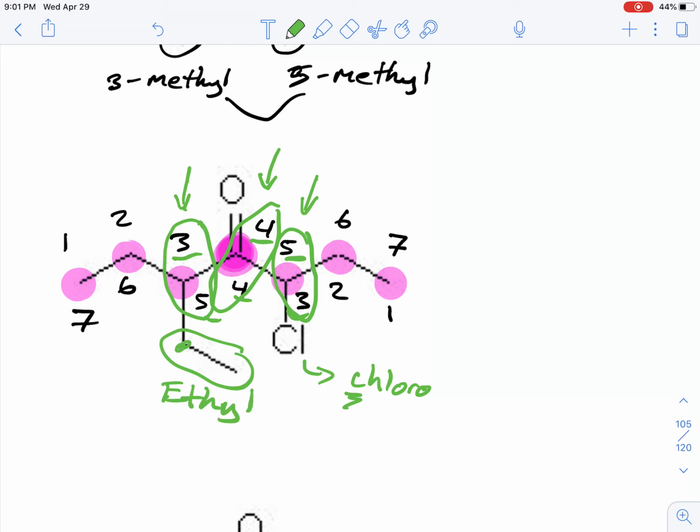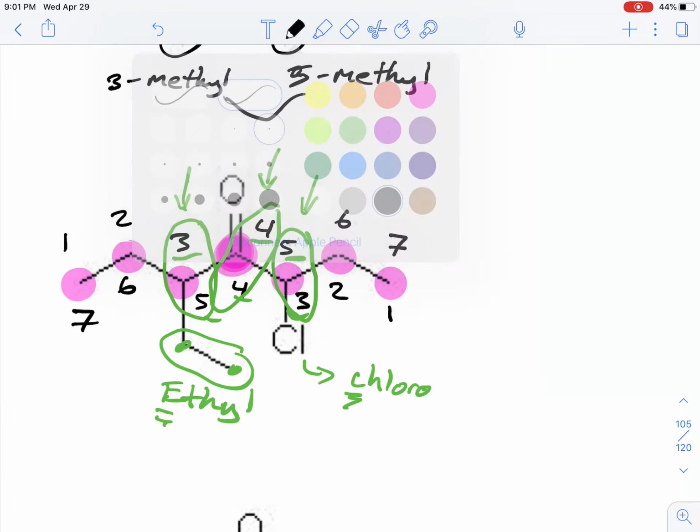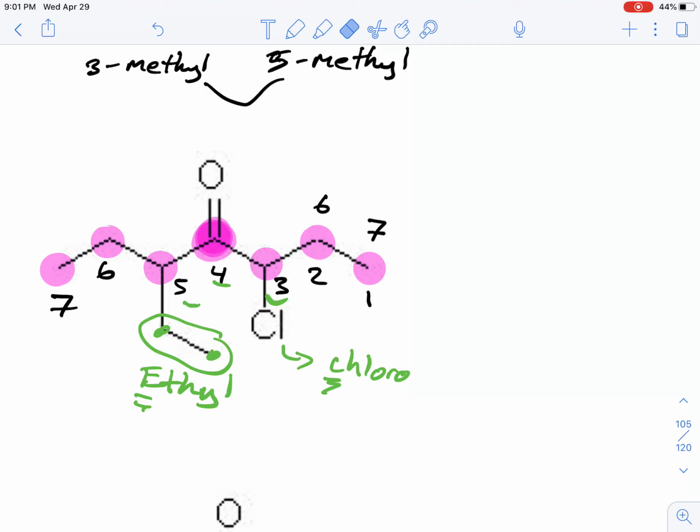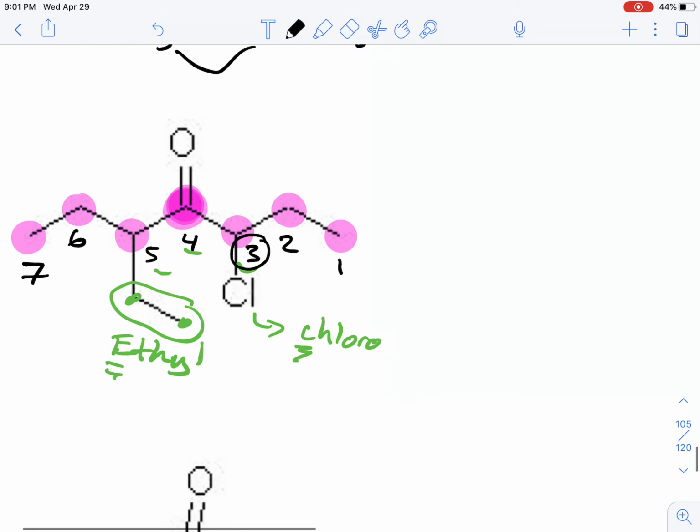It's a 2-carbon compound, so the E comes after C. So the numbering system that we're going to use is going from right to left, because that's going to give us the lowest possible number for our substituent.